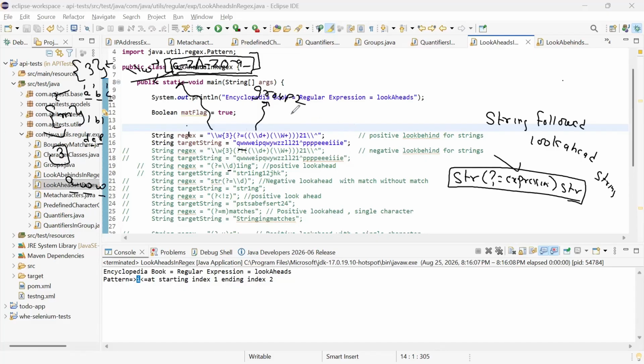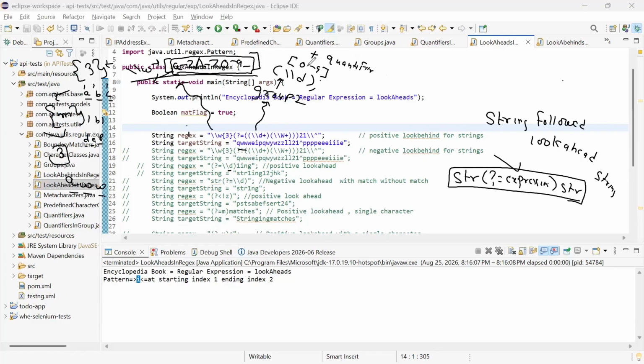Group 2 is saying I am a predefined class D. Predefined class D means I am in the range of 0 to 9, and I also have a quantifier plus on top of me.